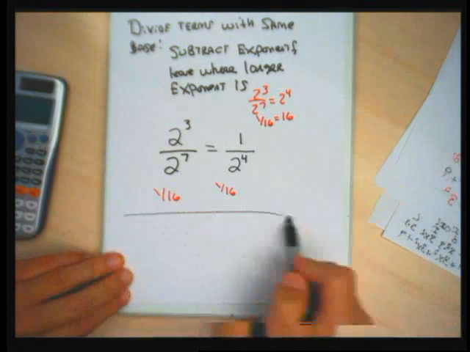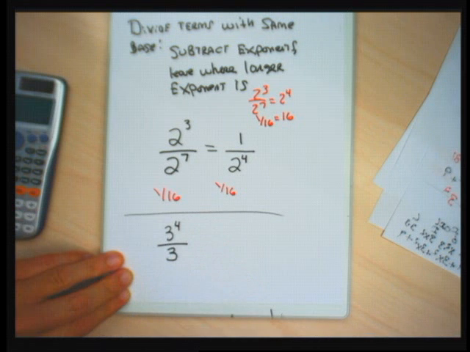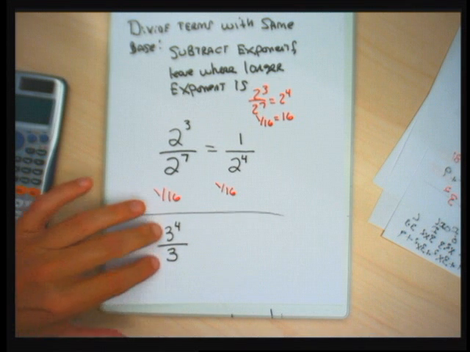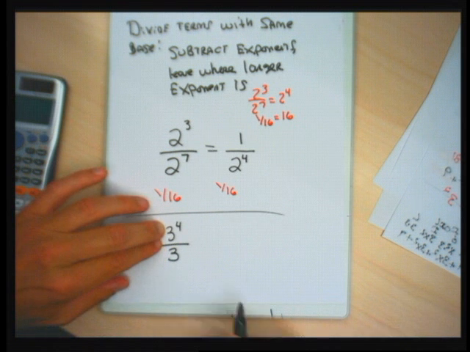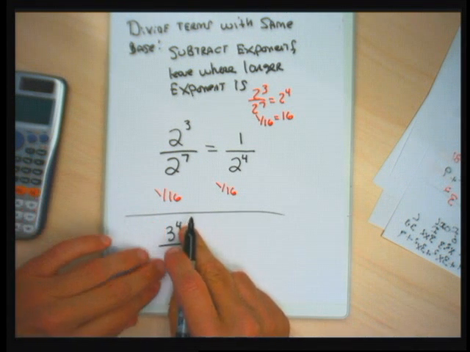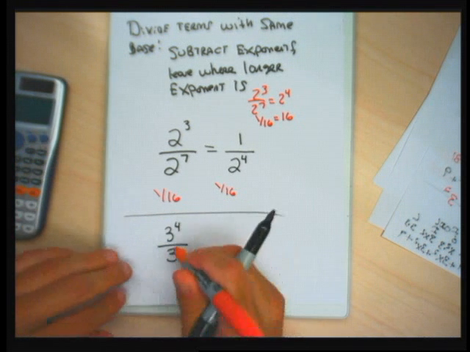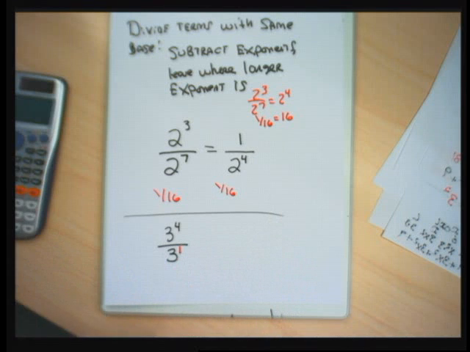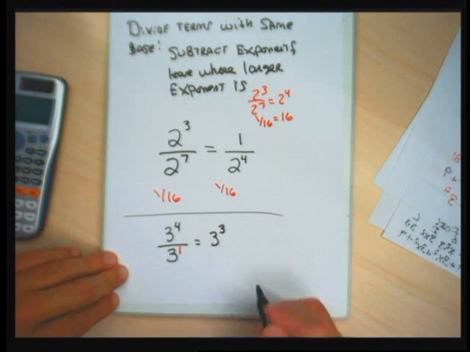If I gave you a problem like 3 to the fourth over 3, it's another problem where I'm dividing terms with the same base. The base in the numerator is 3, the exponent is 4. In the denominator, the base is 3. There's no exponent written, so there's an implied 1. I'm going to subtract the exponents to simplify this. 4 minus 1 is 3.